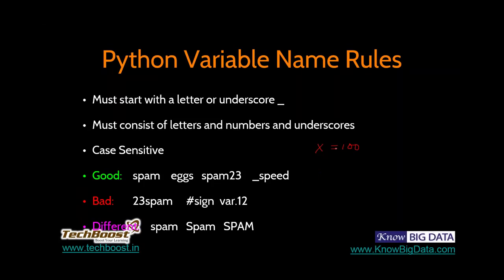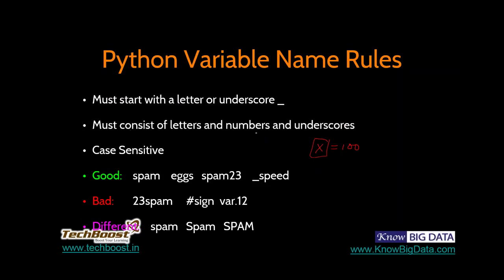Now, giving your variable a name has certain rules. And what are the rules? The variable name must start with a letter or an underscore. This is the first rule. Second, it must consist of letters, numbers, and underscores.